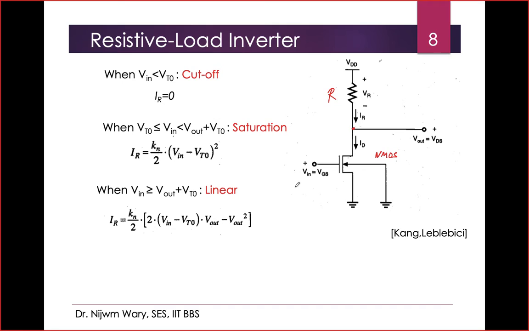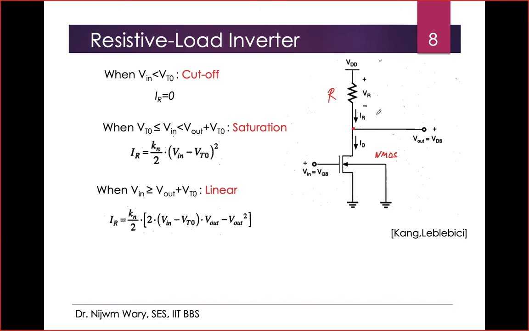Now, as I slowly increase this Vin, or VGS, as soon as it crosses VT0, it will start conducting, and slowly the output will start decreasing from VDD.